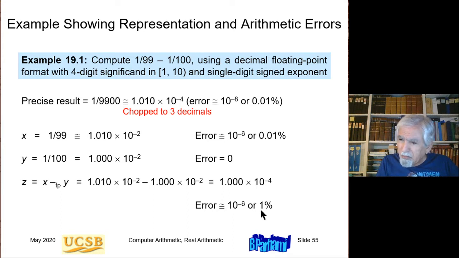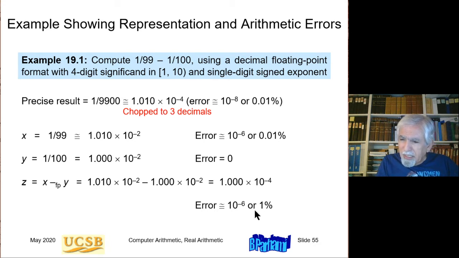So the error is much larger compared with the representation errors in the operands. One of them is 0, one of them is 0.01%. And relative to the exact result, where we obtained the exact result and then represented it, the error was also 0.01%, much smaller than what I get here.